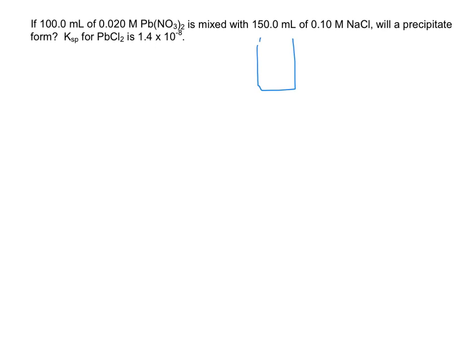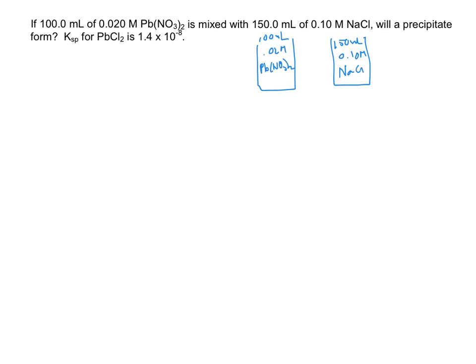So I have 100 mils of 0.02 molar of the lead nitrate, and I have another solution that's 150 mils of 10th molar NaCl, and I'm going to mix them together.